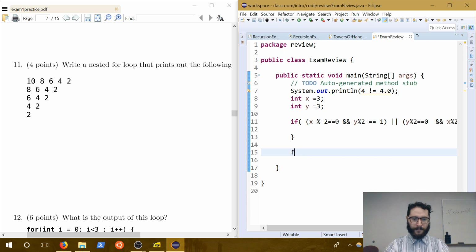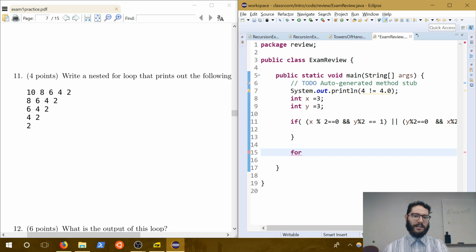First off, since this isn't taking in a variable number of lines, this just requires us to print out, just starting at 10. So that makes it easy. So for int i equals, well, actually, first we want to figure out the number of lines, right? The number of lines is the first thing we need to figure out.